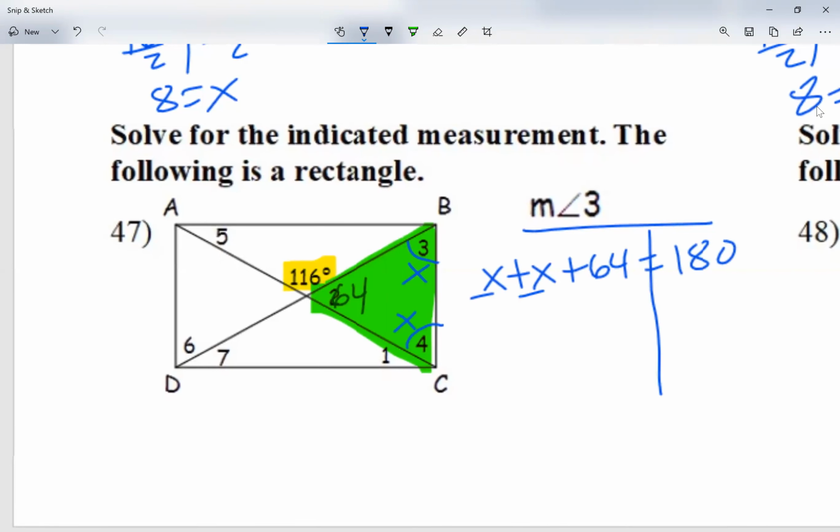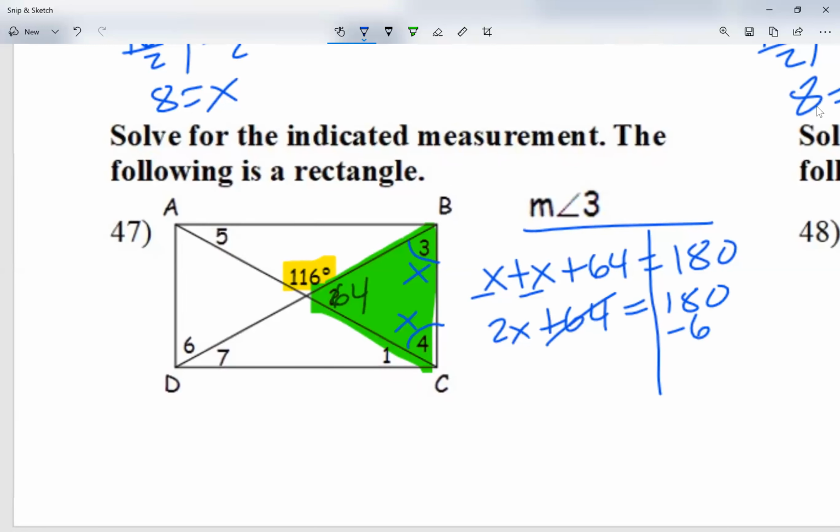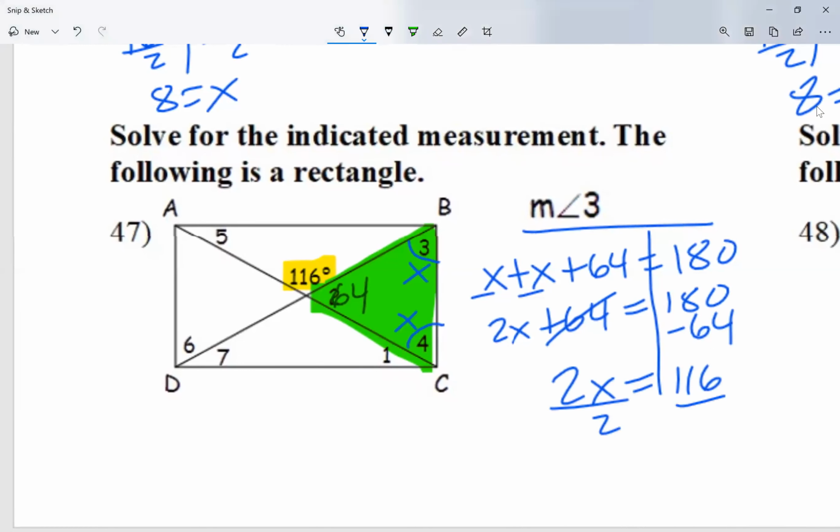On the left side, x plus x, that's going to give me 2x plus 64. It's equal to 180. The plus 64, let me move it over as a minus 64. So I get that 2x is equal to 116. Let me divide both sides by 2. x equals 58.